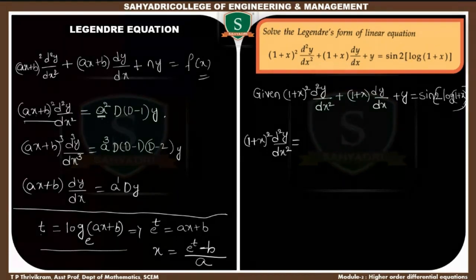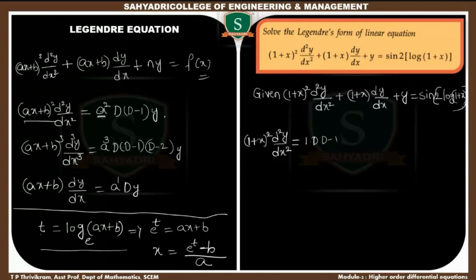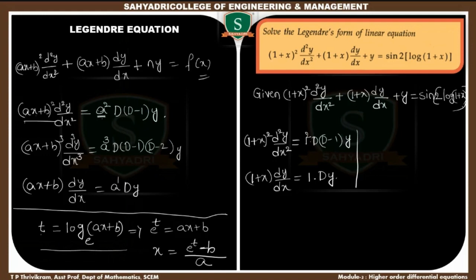So 1 into d minus 1 y. Okay. Similarly, 1 plus x into dy by dx. So how can you write x quotient? Here 1 square you have to write. Here 1 into dy. Okay.